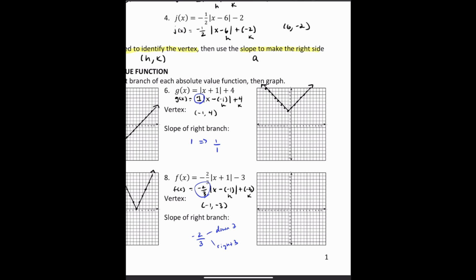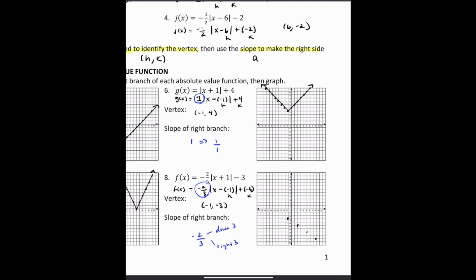All right, so we're starting at -1, comma -3, which is located right here. And then I'm going to go down 2, right 3. So down 2, right 3, down 2, right 3. And there we go. That's the right side of the V-shaped graph.